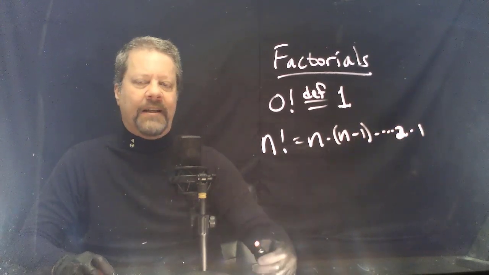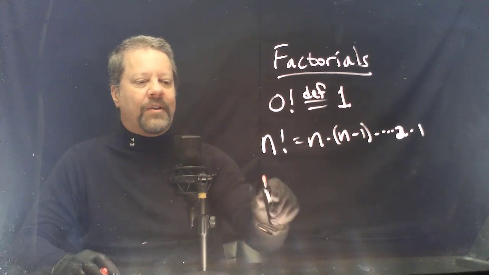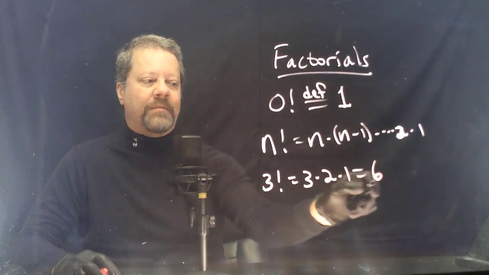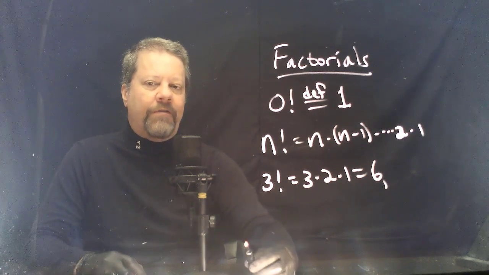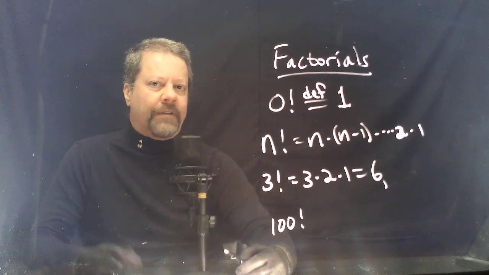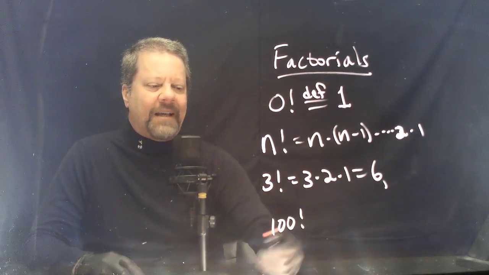It's the product of the natural numbers down to 1. So 3 factorial would be 3 times 2 times 1, or 6. Note that factorials grow very rapidly. Try to calculate 100 factorial, for instance. Seems like a very mild number, but a lot of calculators can't handle numbers this large.